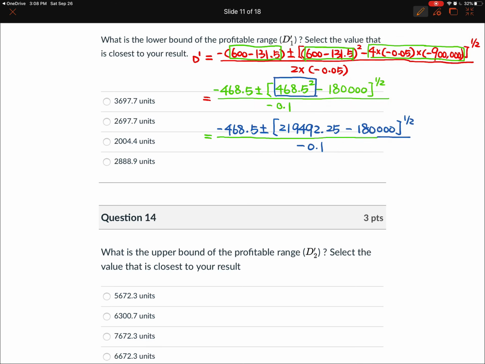And then you want to calculate this. So still you have this bar, negative 468.5 plus minus. What's that in the bracket?